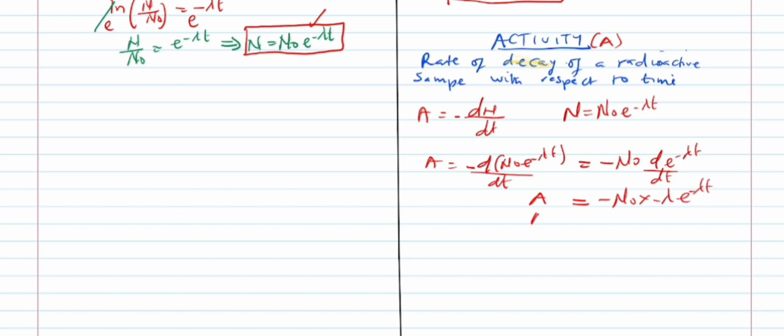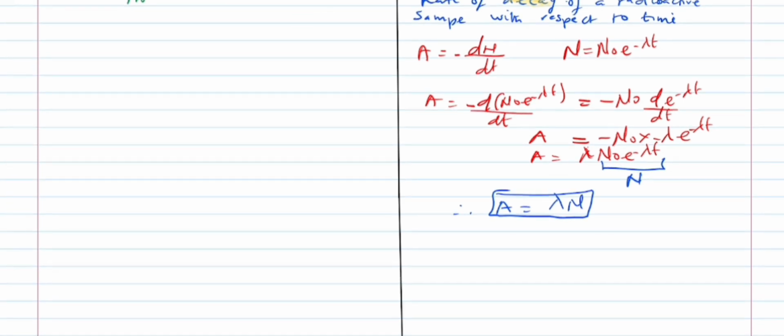So we'll multiply this out. A will be equal to lambda N naught e^(-lambda t). But recall that this term over here is the same as N. So therefore, A is equal to lambda N.